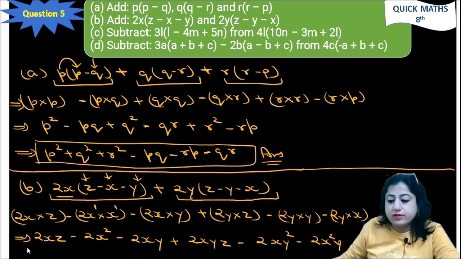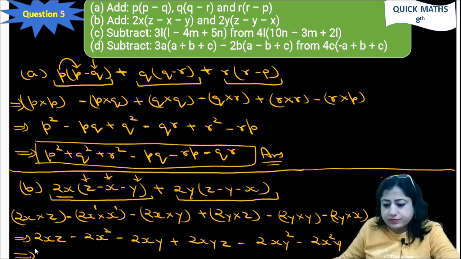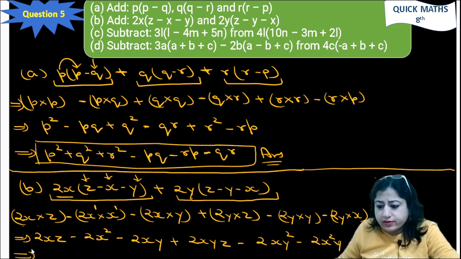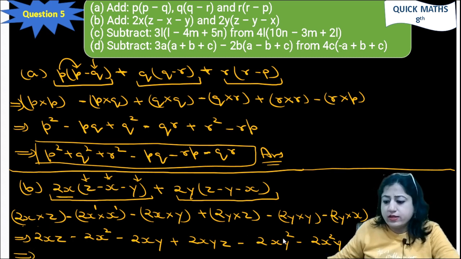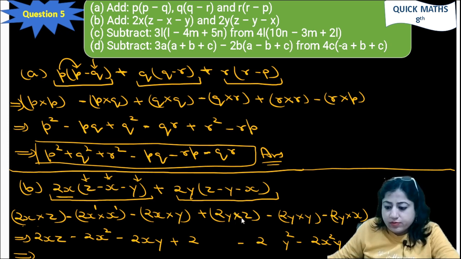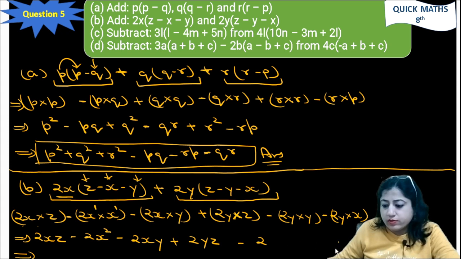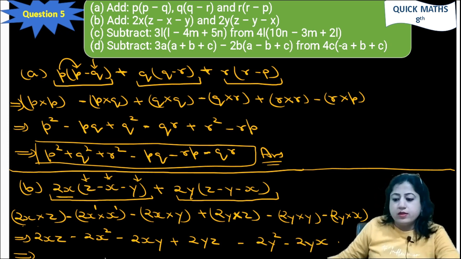In this case we can write 2x square. Yes, this is 2y square. It is not x, it is multiply. Just a minute, I was considering it wrong. It is multiply, not x. So it will be 2yz. It is multiply, so it will be 2y square. It is 2yx.